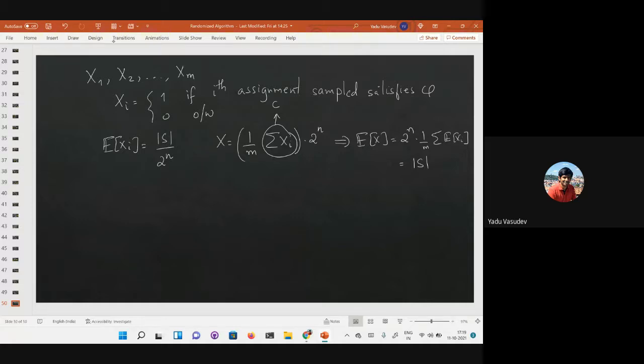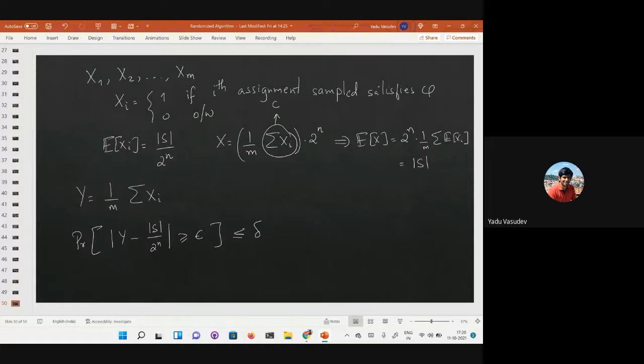For instance, let's look at this random variable and try to apply the Chernoff bound. What you want is that the probability that y minus cardinality S by 2 power n is greater than epsilon must be less than some delta.